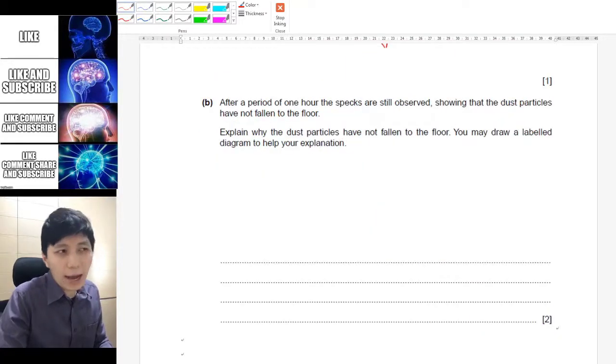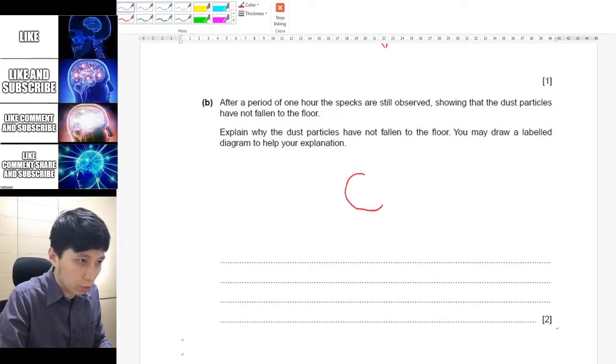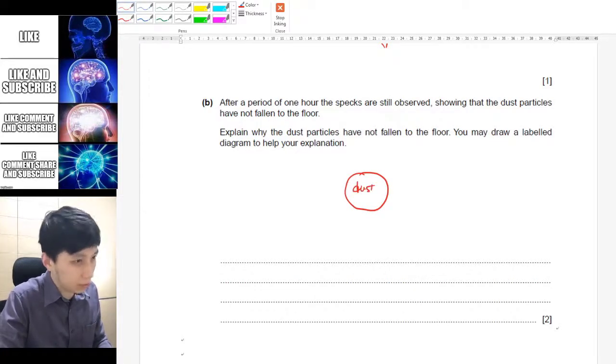Part B asks how come after 1 hour the dust particle is still visible. So you have to explain basically what we have mentioned earlier. You want to draw the dust particle bigger probably, and then some air particles surrounding it.